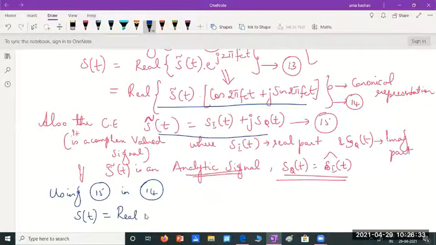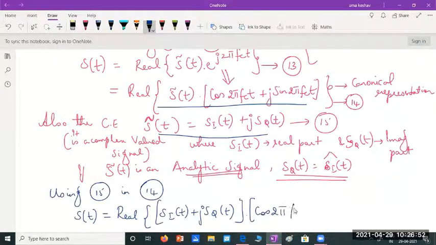It would be the real part of, for S envelope of t, I will write this equation: Si of t plus j times Sq of t, into cos 2 pi fct plus j sine 2 pi fct.